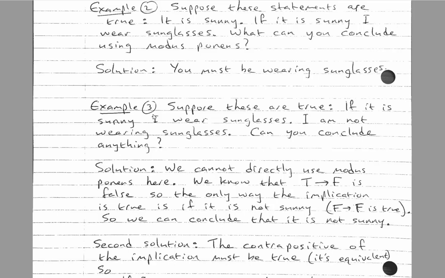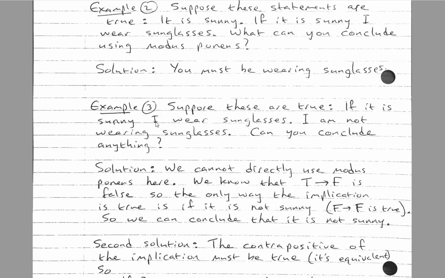We can make it more confusing though. Example 3, suppose these are true. If it is sunny, I wear sunglasses. I am not wearing sunglasses. Can we conclude anything? Again, we're assuming that these two statements are true.